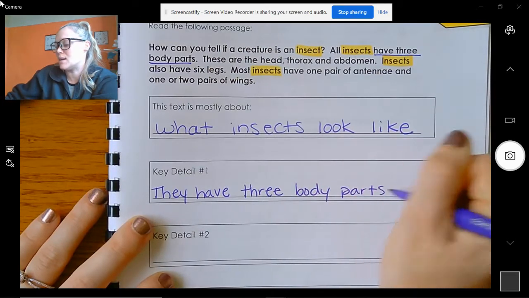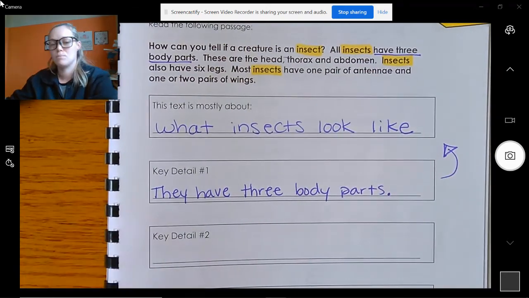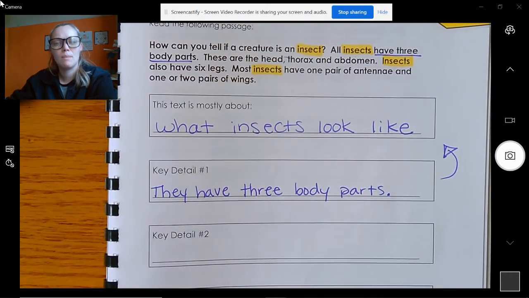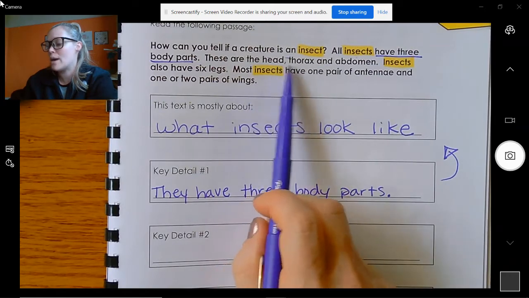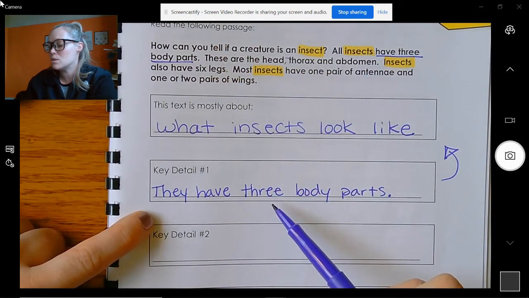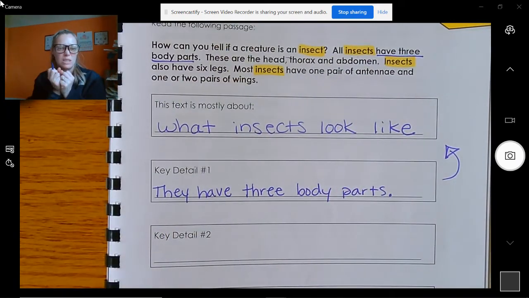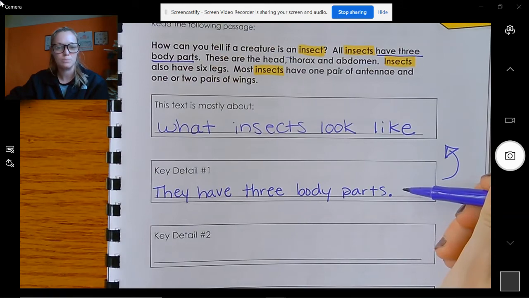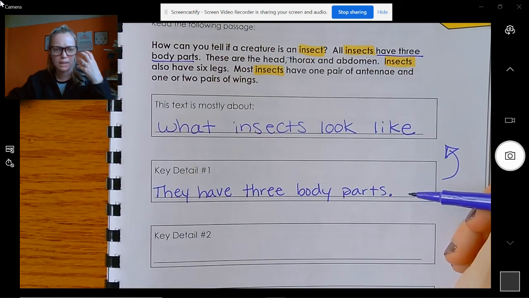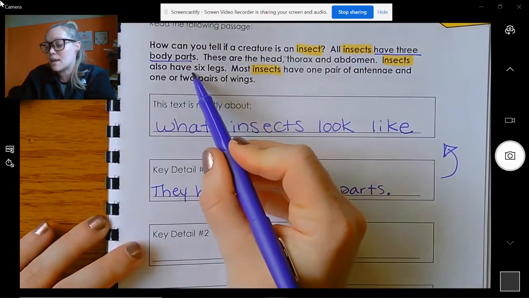That's a key detail about what it looks like. Thinking about another key detail, now head, thorax, and abdomen tell me more about the 3 body parts. So I might not add that because that's like an extra detail about this. I'm just thinking about the big key details. They have 3 body parts and they have 6 legs.